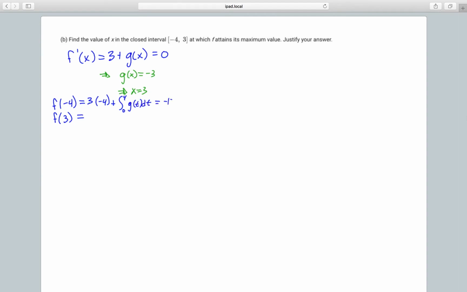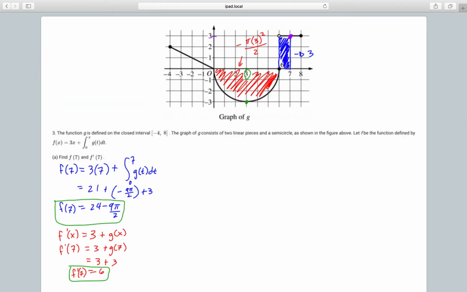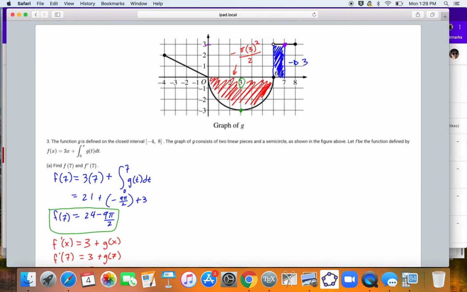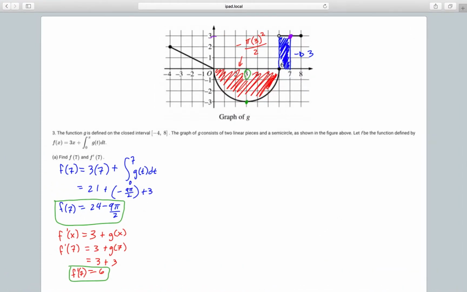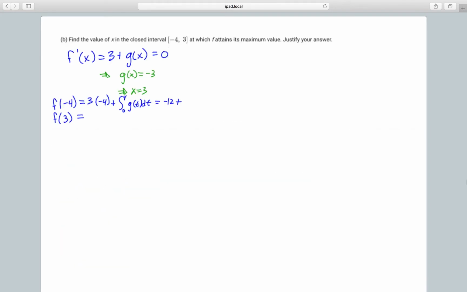So that is negative 12 plus, let's go back and look, the integral from 0 to negative 4, right?